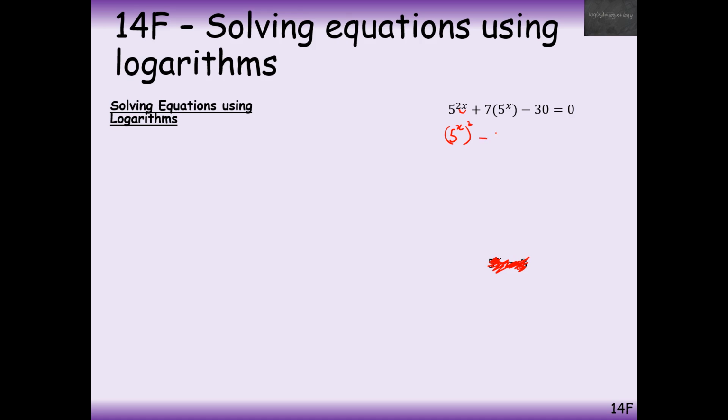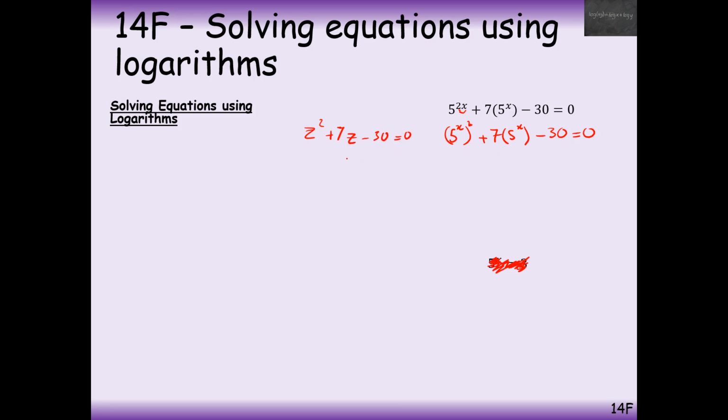This is the same 5 raised to the power of x. So if you like, you can replace it with another letter. You can think of it as z squared plus 7z minus 30 equals 0. Factorize that.